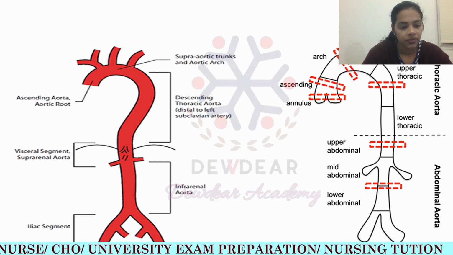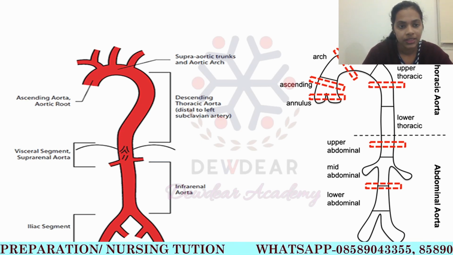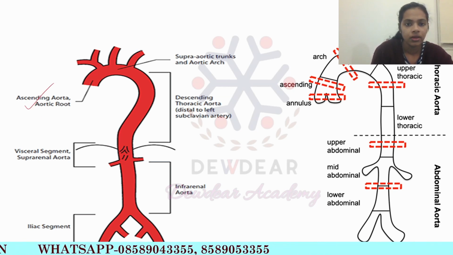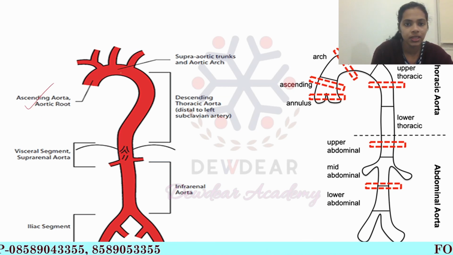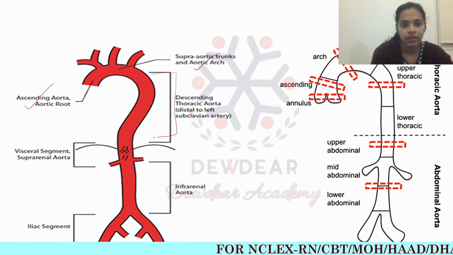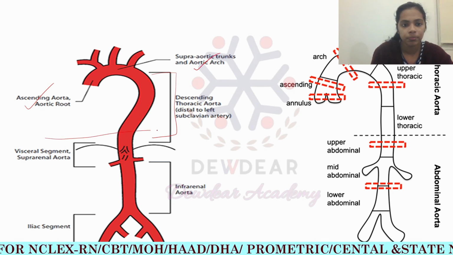So this is the picture we can see here. We can see in this picture there is the ascending aorta. Then the aortic arch, and this is the descending aorta. These are all contributing to the thoracic part.